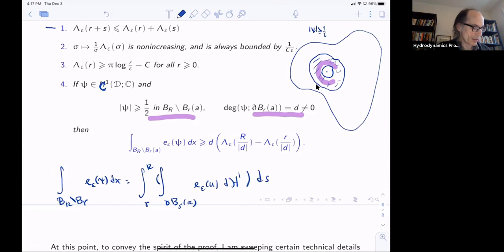The previous lemma tells us exactly that this is bigger than lambda epsilon of s over d, ds. I'll make a change of variables. Let's write this as s over d, and I'll get a factor of d. Let's call s over d sigma.